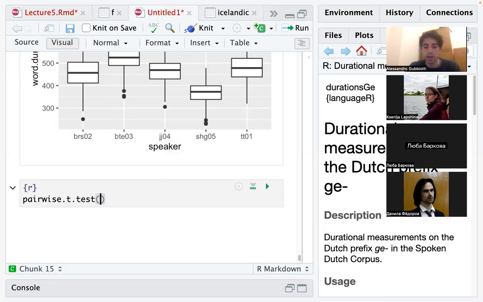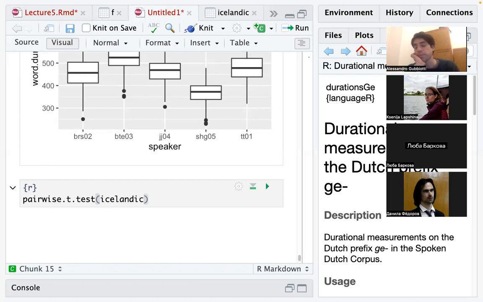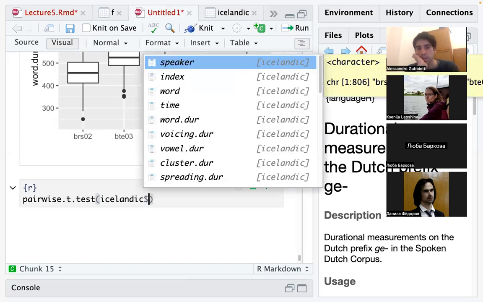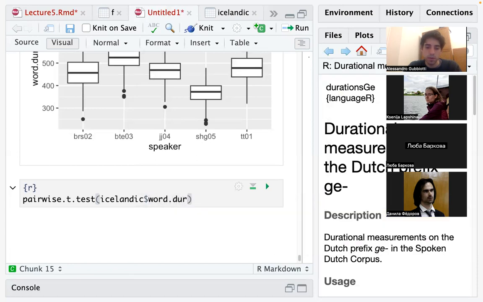I put here the data, Icelandic. I have to pass the data, word duration, and I have to pass here the grouping variable, which is the speaker.